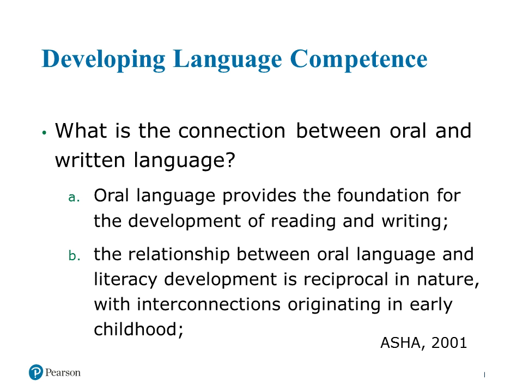The relationship between oral language and literacy development is reciprocal, though, because there are interconnections in early childhood. So if you think about the reciprocal nature of it, what does that mean? Well, as a child's oral language develops, the more they develop reading and writing. And as reading and writing develops, the more exposure they have to additional vocabulary.